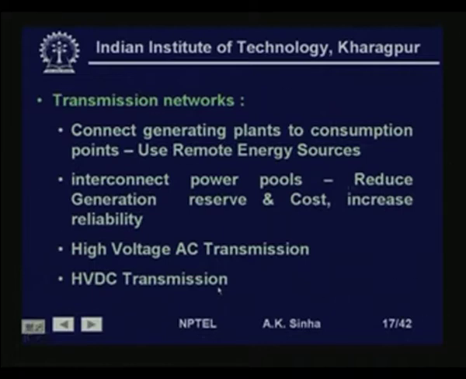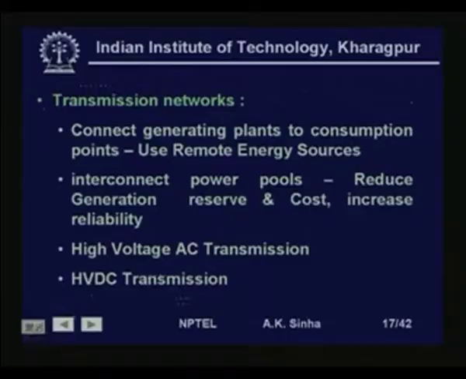Now, high voltage AC transmission connecting two synchronous machines will provide a synchronous link between the two systems, but if we convert the AC into DC and then transmit it as DC power and then again invert it at the other end into AC power, then the link is no longer a synchronous link, and this we call an asynchronous link or asynchronous tie between two systems which run at synchronous speeds.